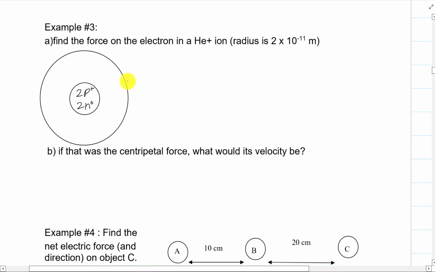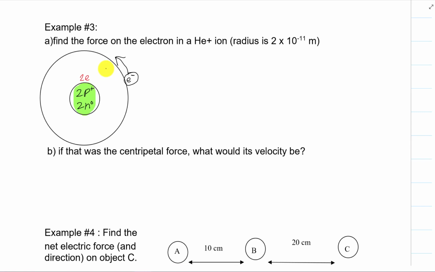And it's an ion, so it only has one electron. So that's the nucleus. What's the charge on the nucleus? Two elementary charges, right? Find the force.